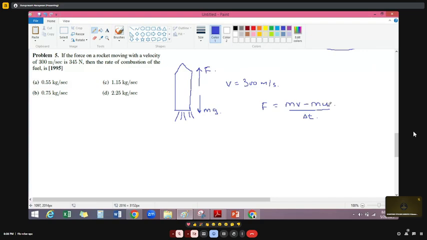So initial velocity, you can take it as 0. So mass by time is your rate of combustion of the fuel. That means they are asking you kg per second. So this will be 345, you can call this m dot, velocity is 300.